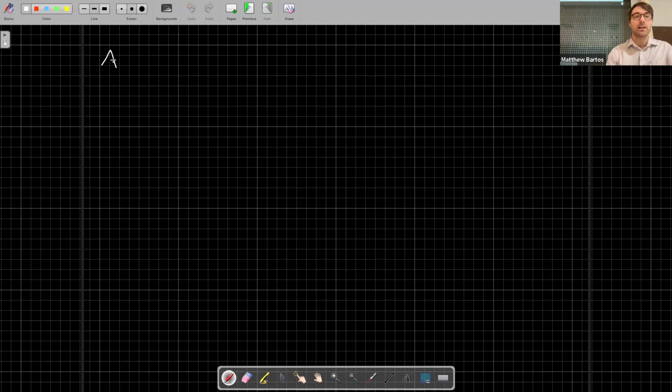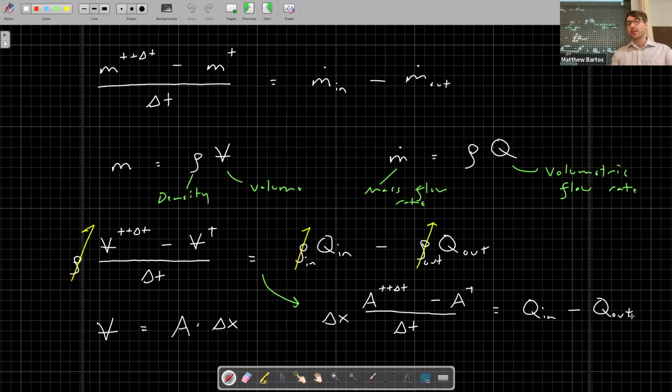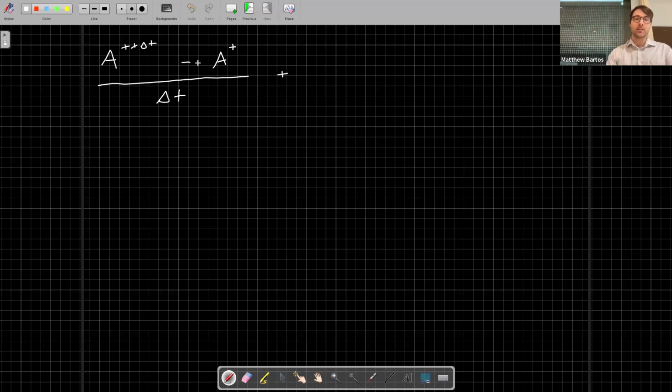So we'll end up with the area at time t plus delta t minus the area at time t, divided by delta t, plus, moving this to the left-hand side, Q out minus Q in over delta x, is equal to 0.